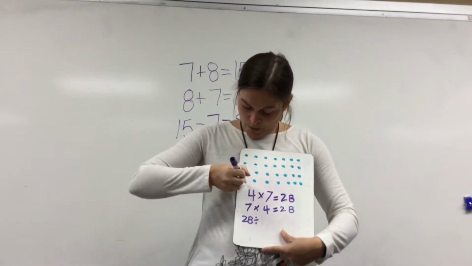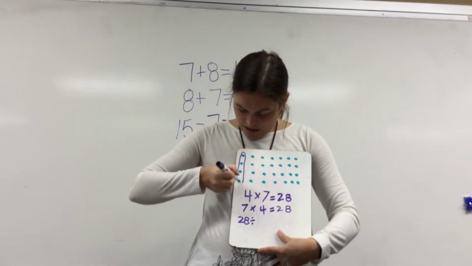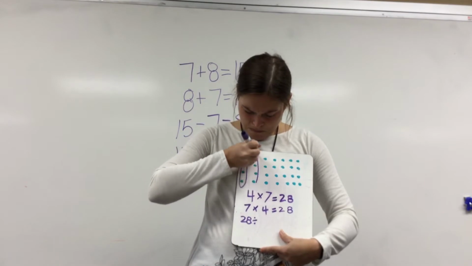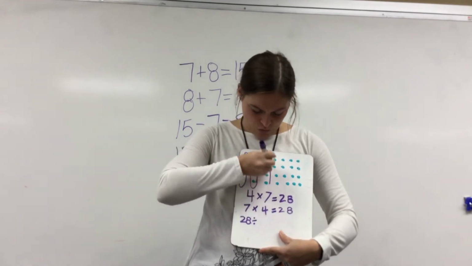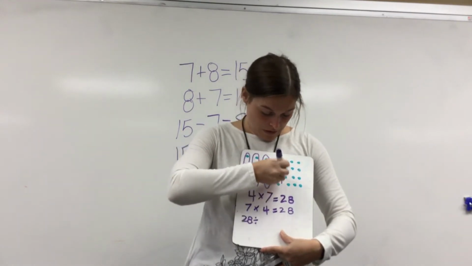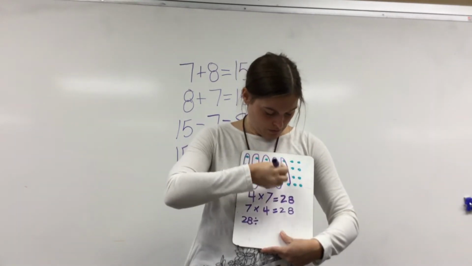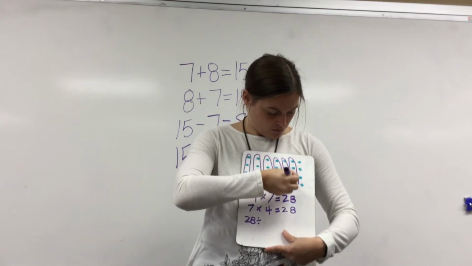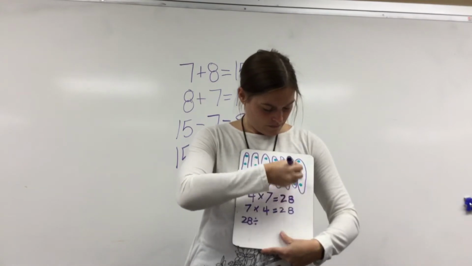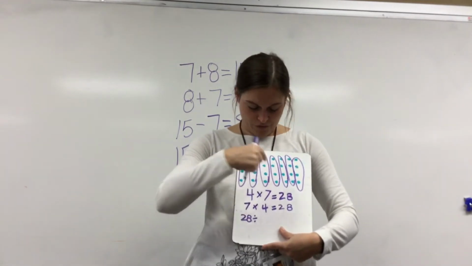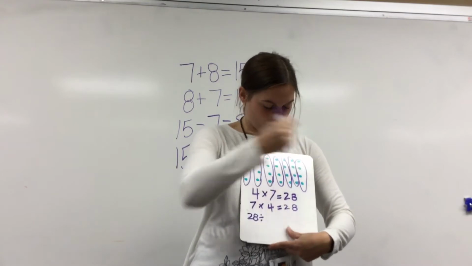I'm going to put them into groups, equal groups. There's 4, there's 4, there's 4, there's 4, there's 4, there's 4, there's 4.